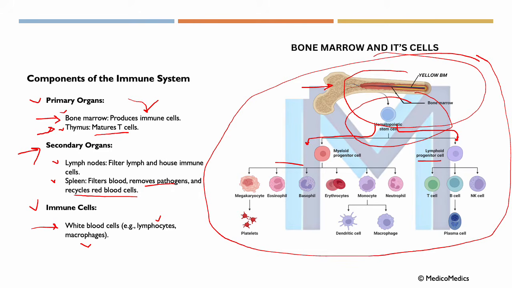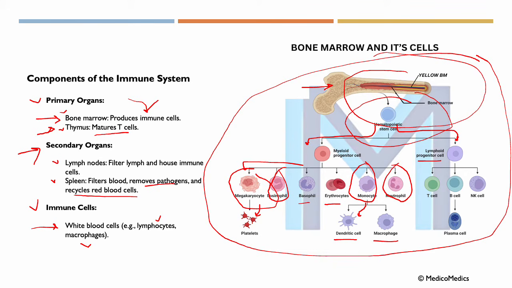Now, the myeloid then differentiates into megakaryocytes, which turn into platelets, eosinophils, basophils, erythrocytes, also monocytes that then differentiate into dendritic cells and macrophages. And we have neutrophils.